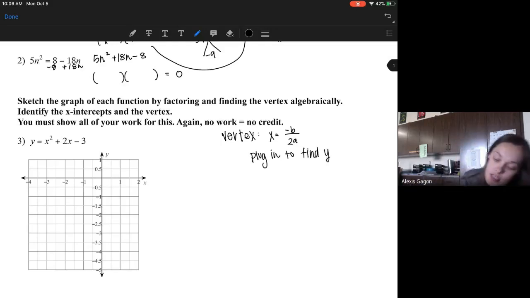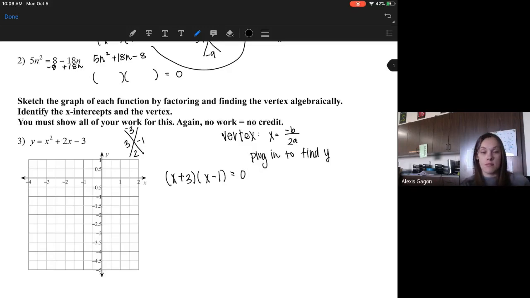First thing, before I even find my vertex, I'm going to find my zeros. To find the zeros, I'm going to factor this and see what multiplies to be negative 3 and adds to be 2. It happens to be 3 and negative 1. So I have (x plus 3)(x minus 1), and we're setting those equal to 0.